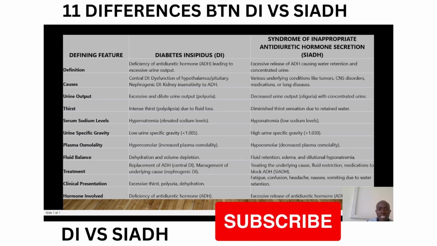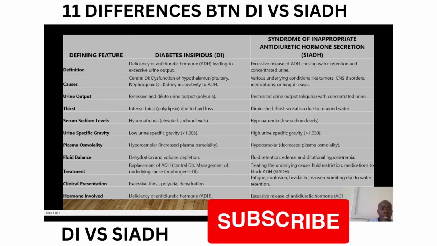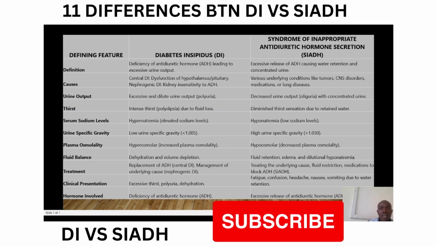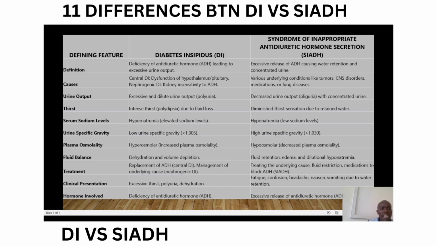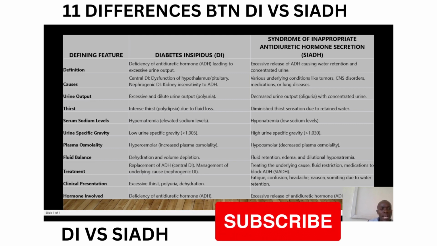So in diabetes insipidus, we have low urine specific gravity due to dilute urine. This is compared to SIADH, whereby we have conservation of water and other solutes, so we have high urine specific gravity due to the concentrated urine.